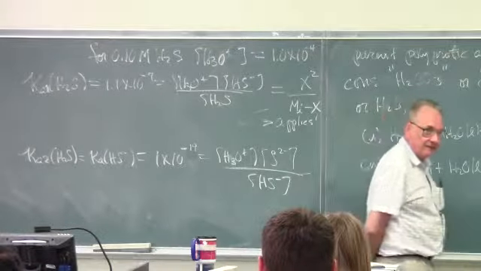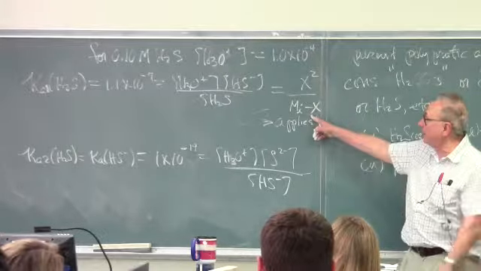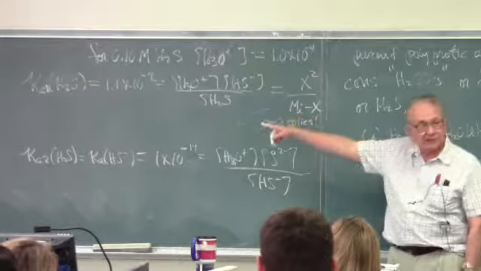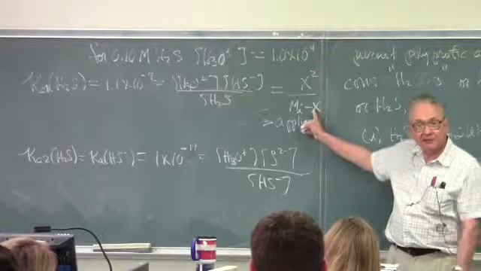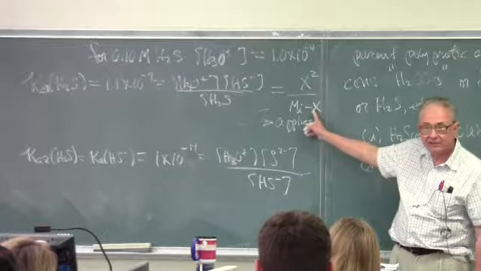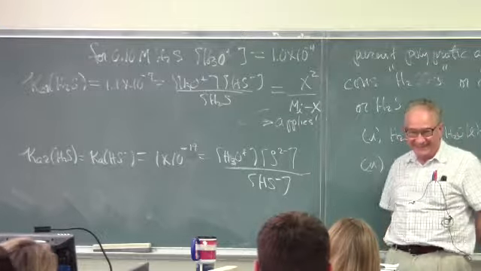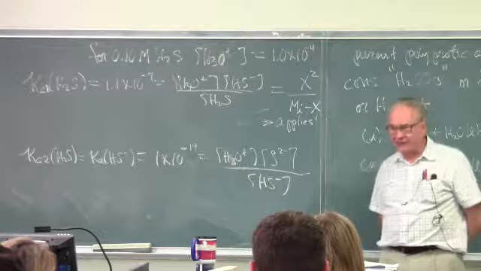Where does this come from? You think for this solution, if M sub I is 0.10 and Ka is 1.1 times 10 to the minus 7, which is a small number, that I have to pay attention to x in the denominator to solve this? Were you asked about this on the exam? You betcha. Because I'm going after understanding, that's it.